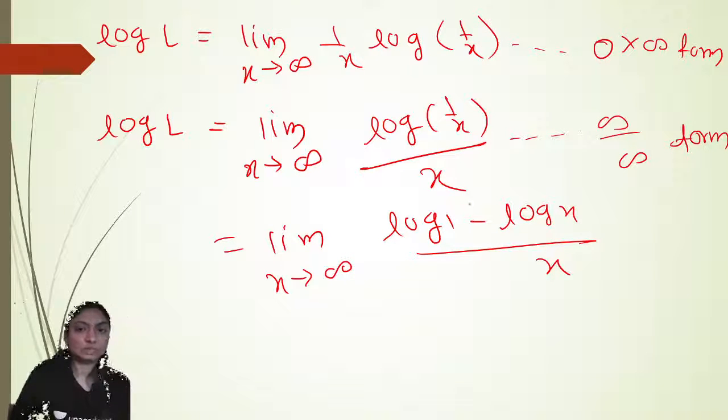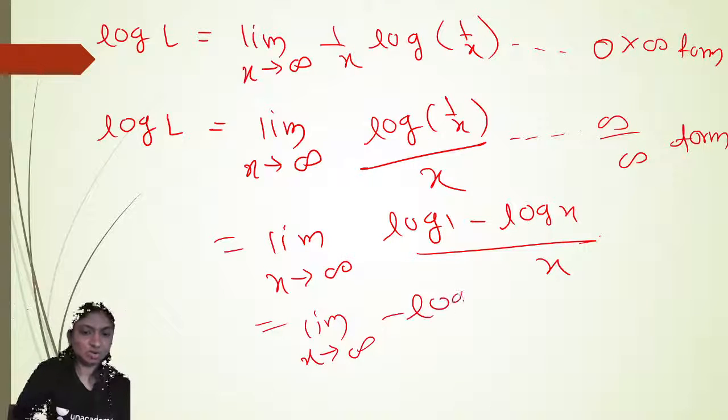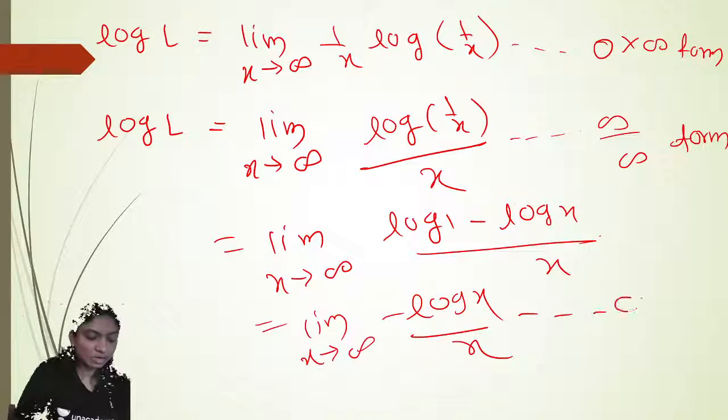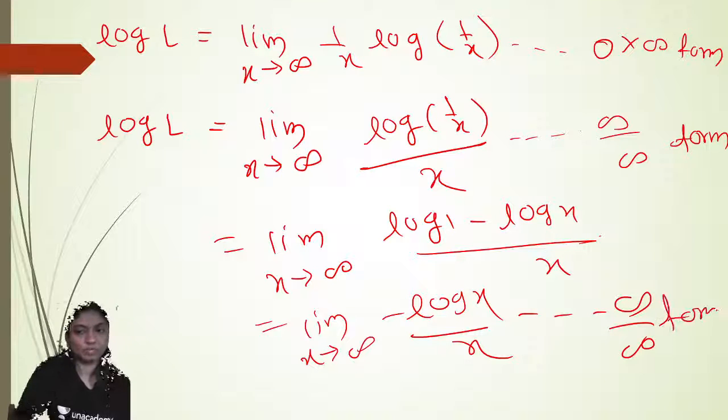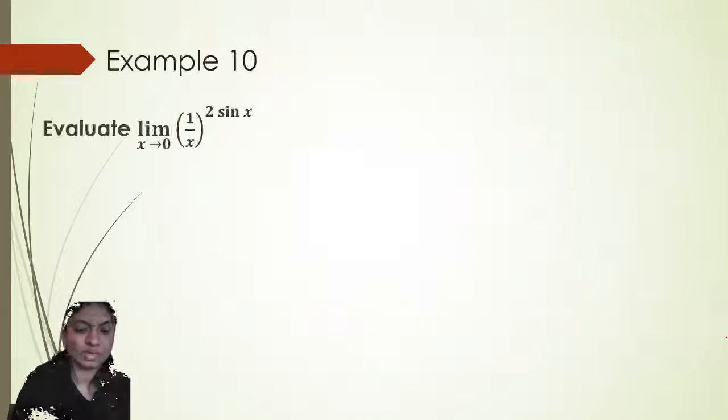Log 1 is 0. So this will become minus log x upon x. So limit as x tends to infinity, minus log x upon x. Again infinity upon infinity form. Right?